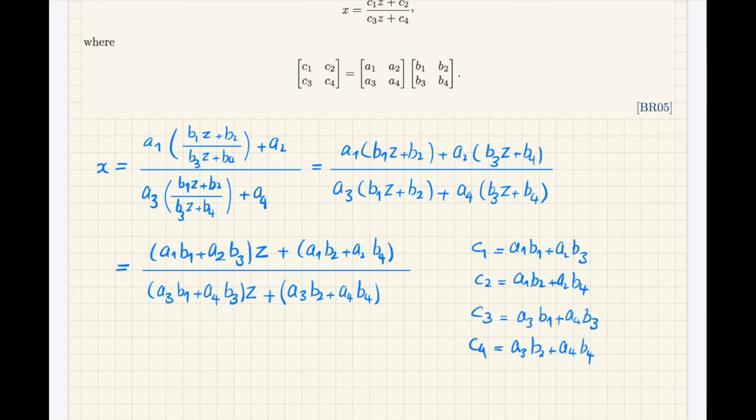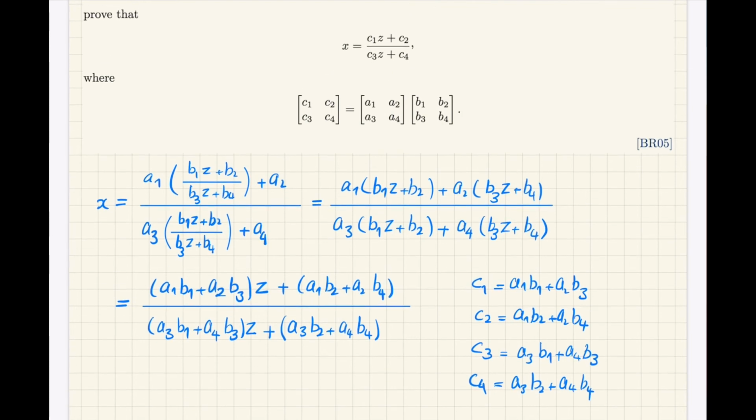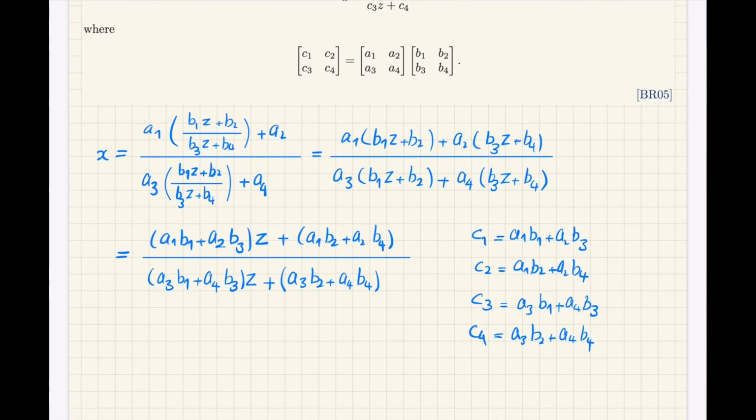So it means that if these c's claimed in the problem are these numbers that I get here, then I have done everything correctly. But let us see, what guarantees that these are indeed the cases? Probably this relation. So let us see what is the meaning of that relation if I do the matrix multiplication and compare the entries of the matrix on the left with the entries of the matrix on the right.